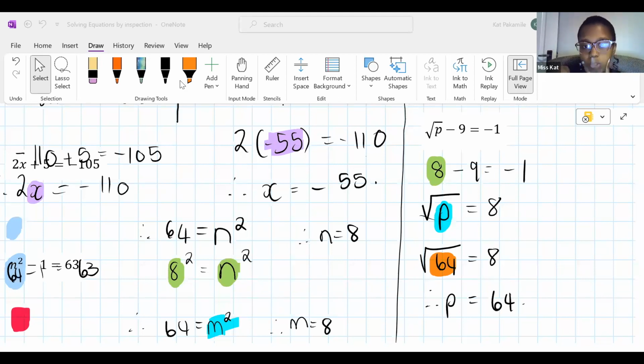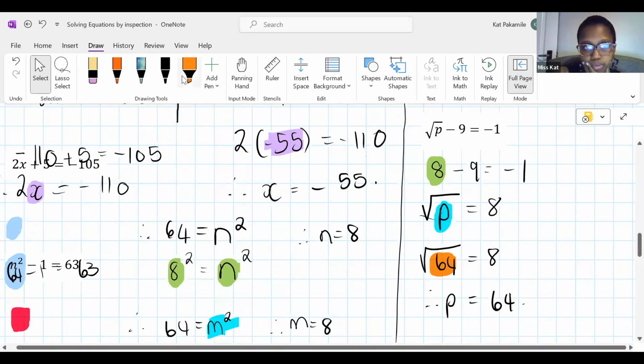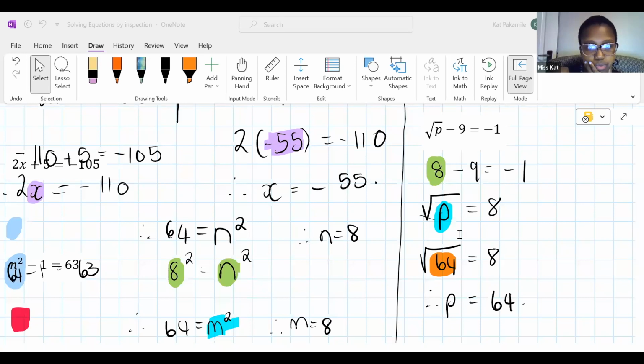Ma'am, I don't understand. How did you get 8 minus 9 equals minus 1 instead of P? Remember, there was a square root of P there, right? Yes. So I'm trying to inspect here. What if you subtract 9 to give you negative 1?